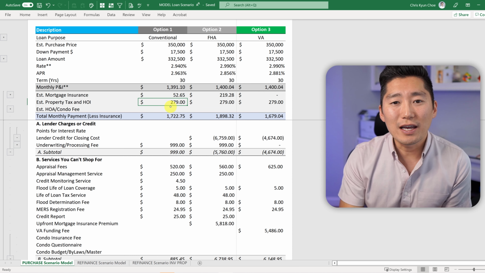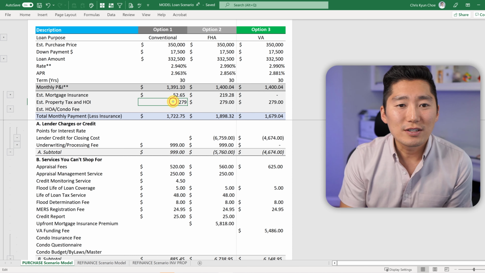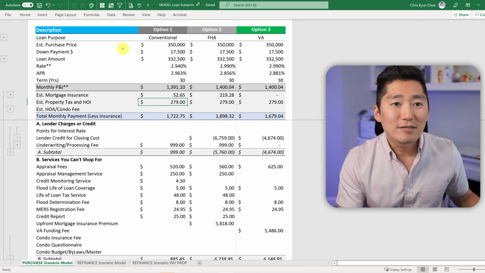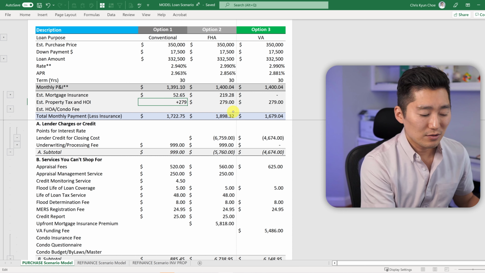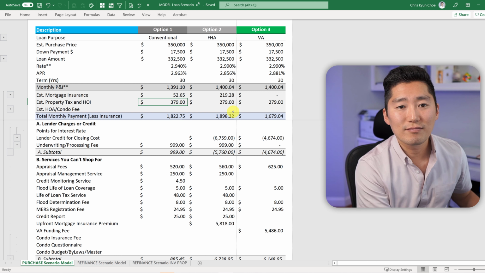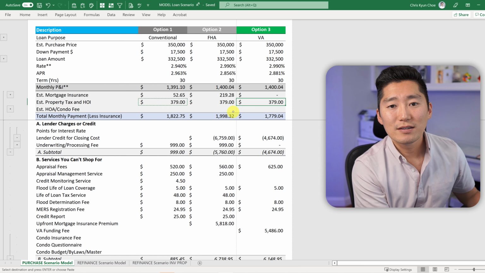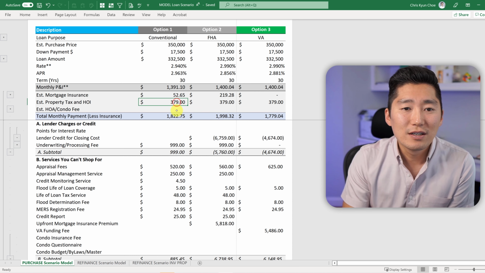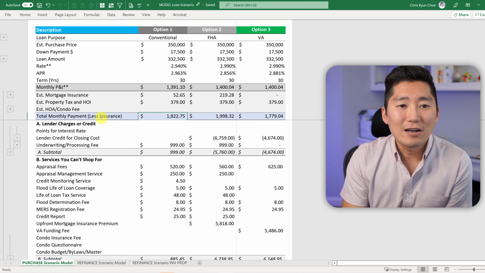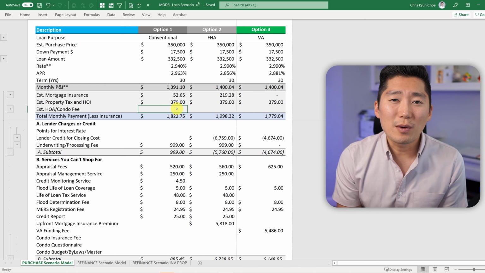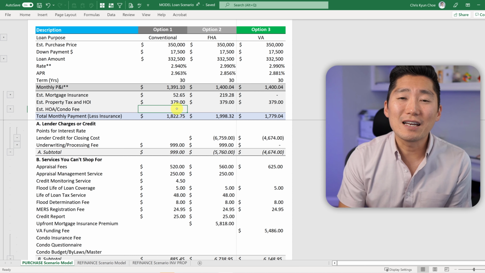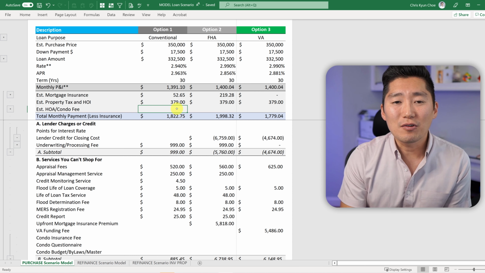And then I'm also going to add on $100 for their homeowner's insurance. There you go. So that means their fully loaded housing payment is going to be $1,822.75. If they have an HOA for the property that they're going to be buying, then that's going to be added onto their fully loaded housing calculation.